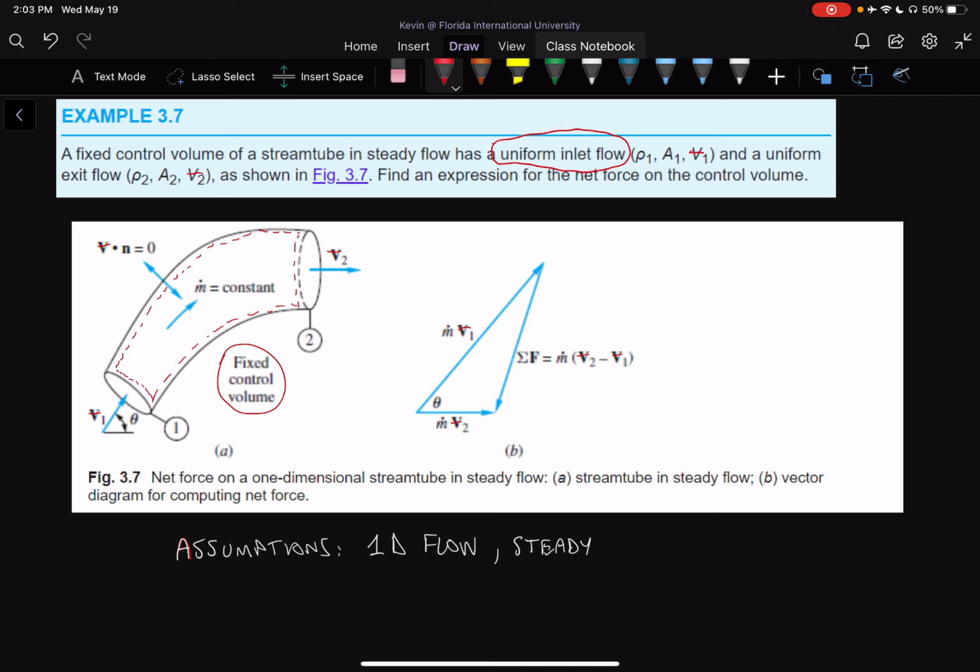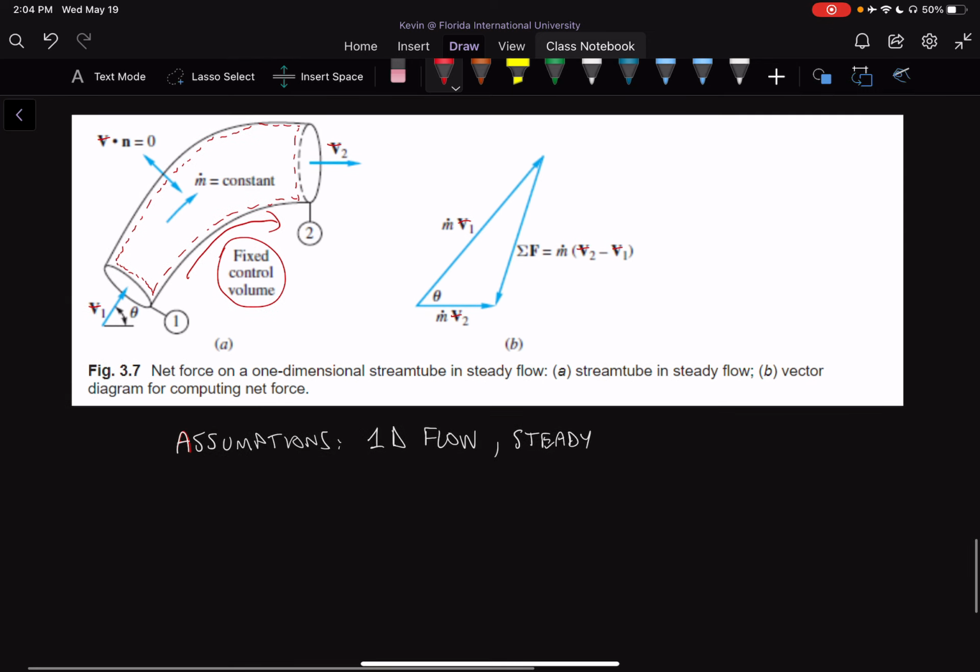The interesting thing about this problem is that we have a bend, so we can't just do it in the x direction or the y direction, but we'll see that it's actually pretty simple and understandable. So we have 1D flow, we have steady flow, and now we can start solving the problem.